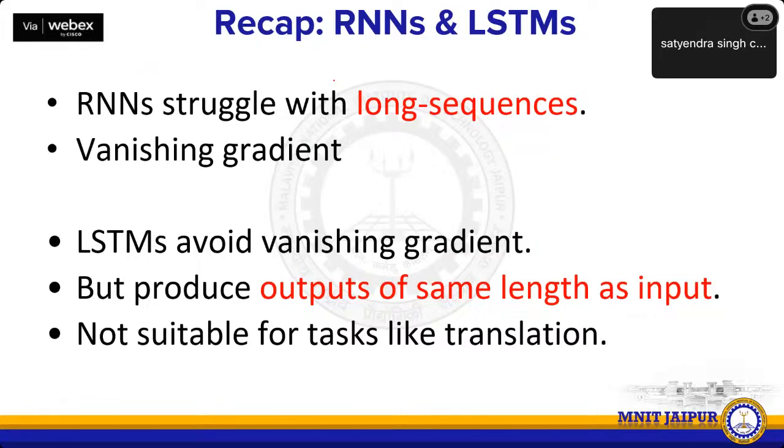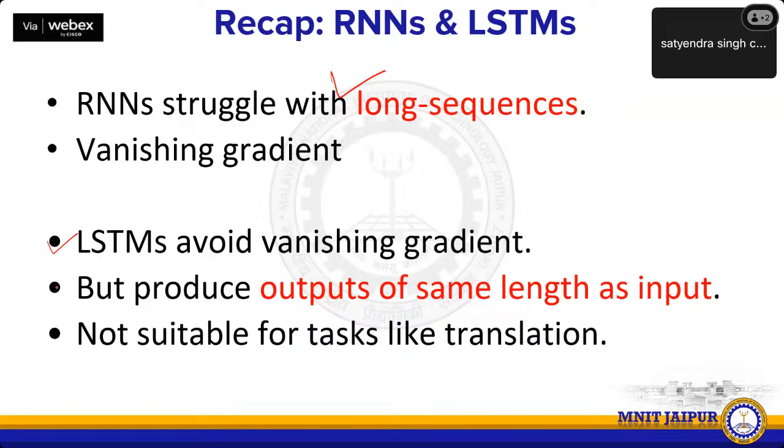We discussed in detail how RNN struggles with long sequences due to the vanishing gradient problem. One version of RNN, LSTM, avoids this by using more mechanisms like the input gate and forget gate, which we are not going into detail on.